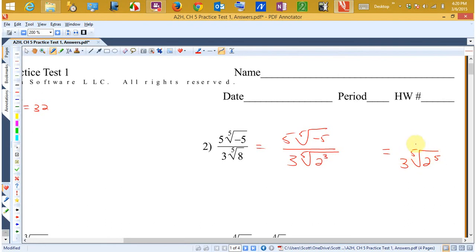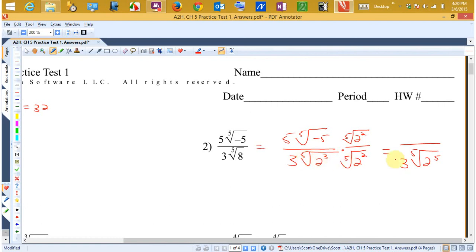To get that to become 2 to the fifth, I'm going to have to multiply by the fifth root of 2 squared, because then the 2 cubed and the 2 squared can combine and be 2 to the fifth underneath the radical sign. Of course, I can't just multiply the denominator that way. I have to do the same thing to the numerator. So I'm going to multiply the numerator by the fifth root of 2 squared.